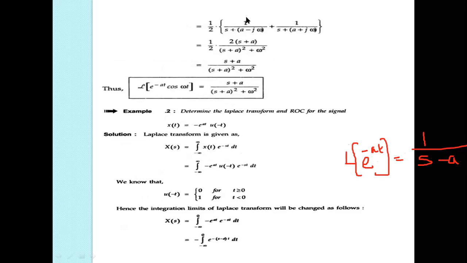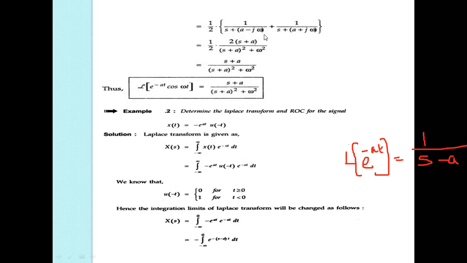So 1 by 2 into 1 by s plus a minus j omega, plus for the second term 1 by s plus a plus j omega. For the second exponential, the coefficient of t is a plus j omega. Simplify these two: 1 by s plus a minus j omega and 1 by s plus a plus j omega.